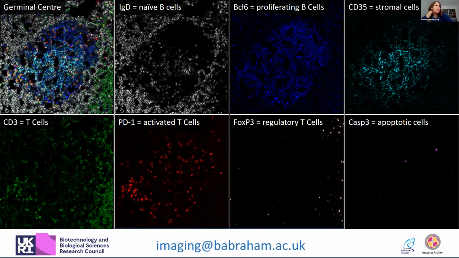And you can more clearly see the complexity of this site by showing the 7 image channels separately. And what you notice, for instance, is that cells can locate to different compartments.